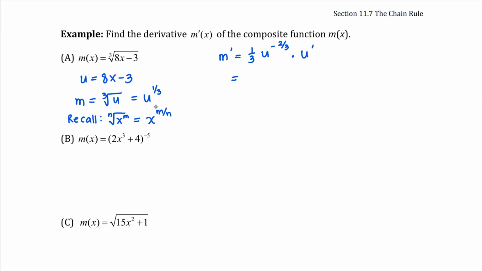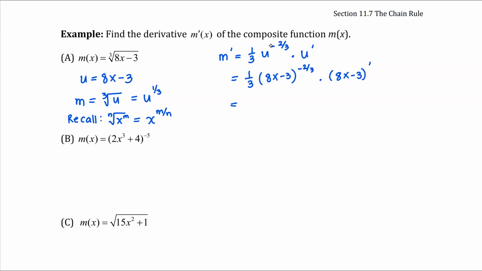Now let's substitute u here. We have 1/3 u. Our u is 8x minus 3 raised to negative 2/3 times u prime.